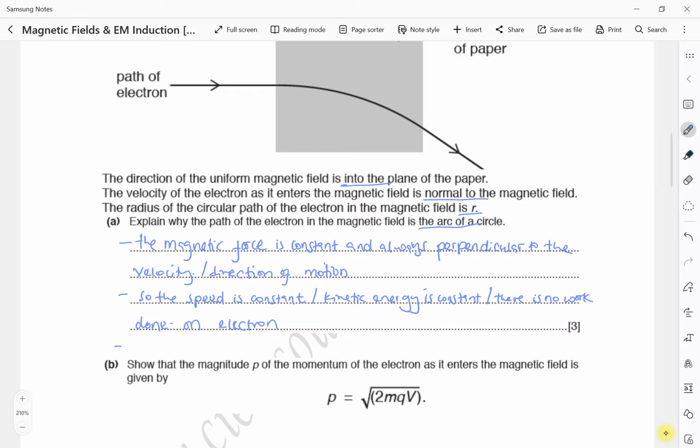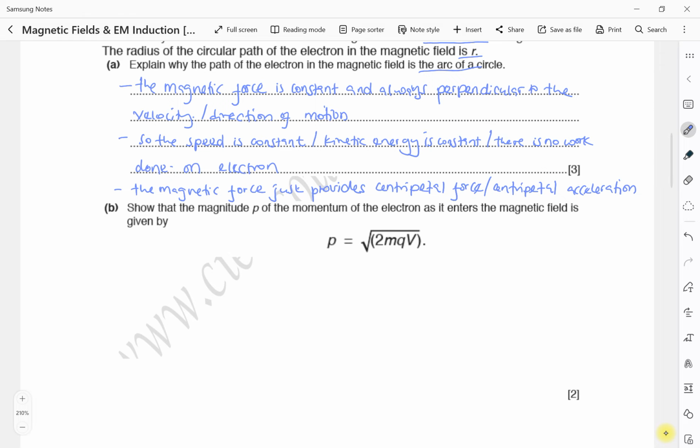So the magnetic force just provides centripetal force, which provides centripetal acceleration, causing the body to move in a circular path.